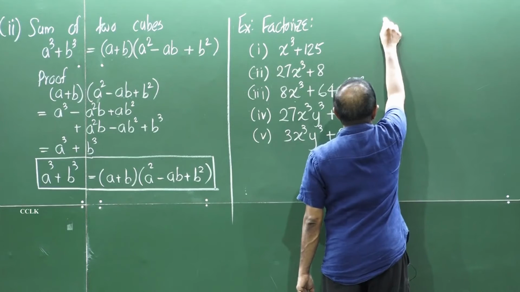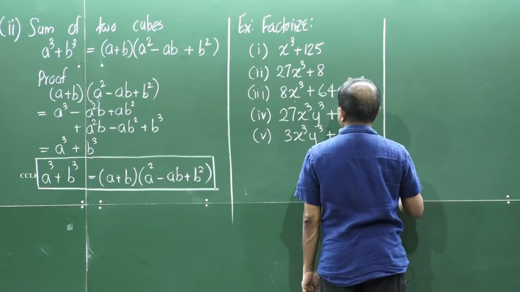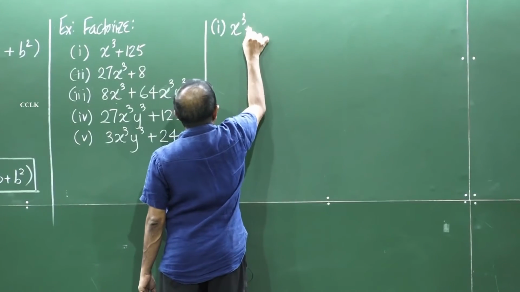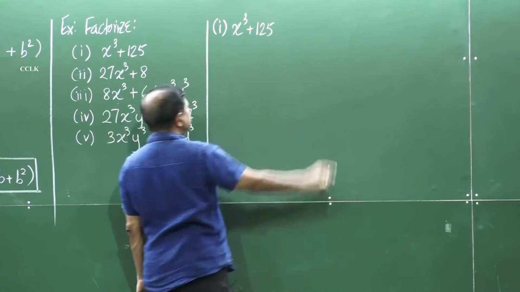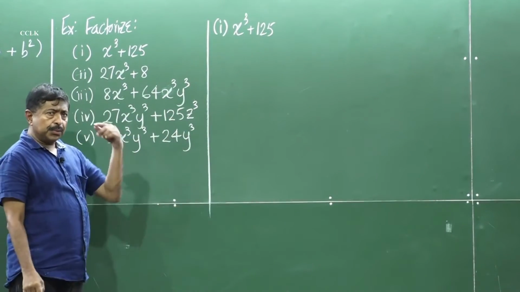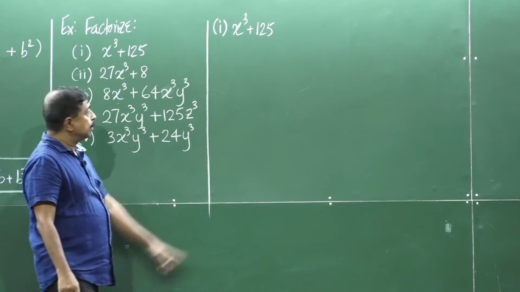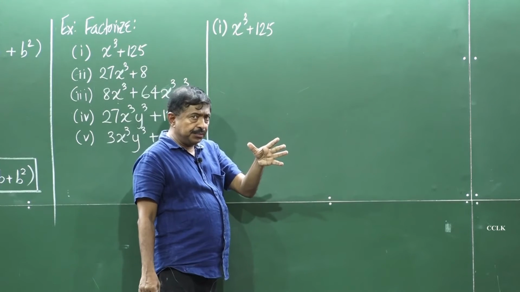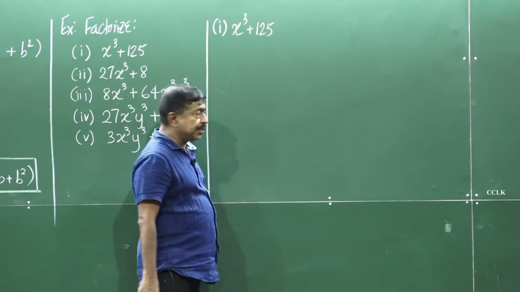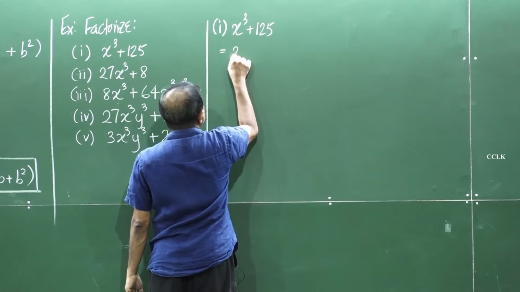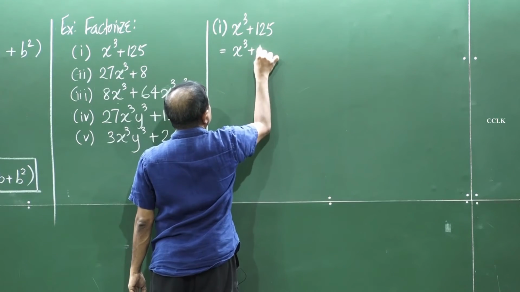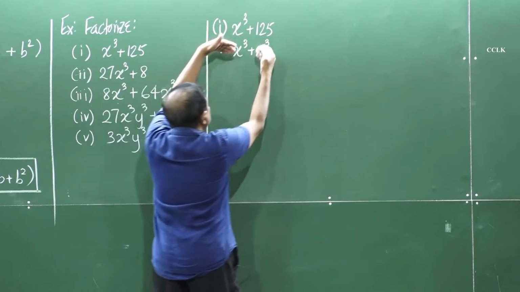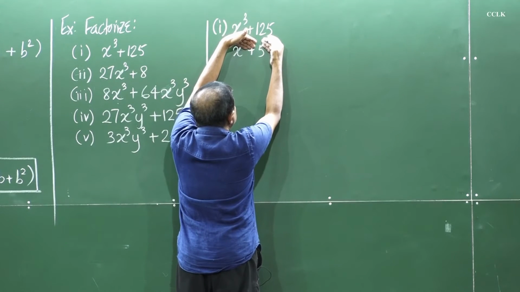We'll take up the first. In this case, you can see that both are cubes. This is a cube, but this is a cube of 5. 5 times 5, 25. 25 times 5, 125. So if you delete these two, what you see is x plus 5.